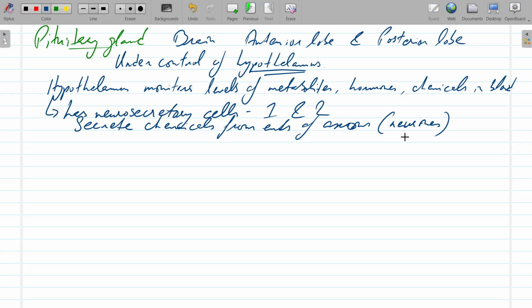And so the neurosecretory cells 1 produce substances that either stimulate or inhibit the release of hormones, and it acts on the anterior pituitary gland.